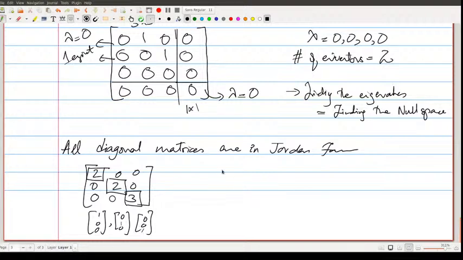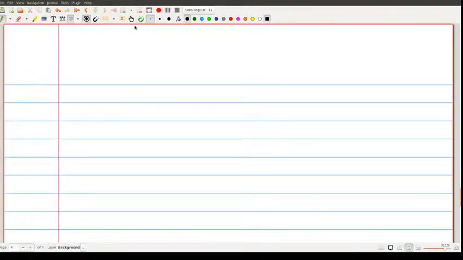And identity matrix also falls in the same category, right? Identity matrix is just a diagonal matrix with ones on the diagonal and zeros everywhere else, and it just has 1 by 1 Jordan blocks, right?